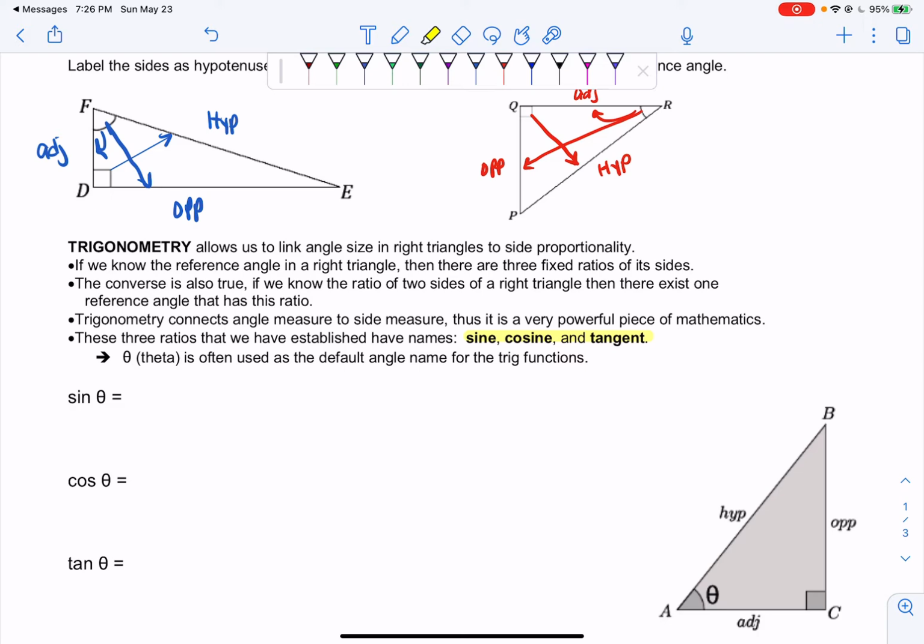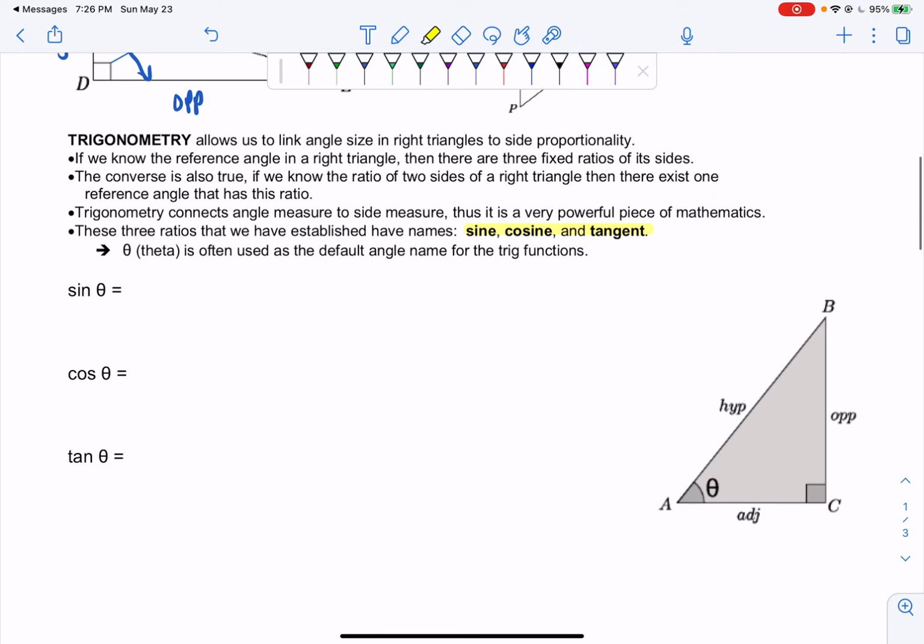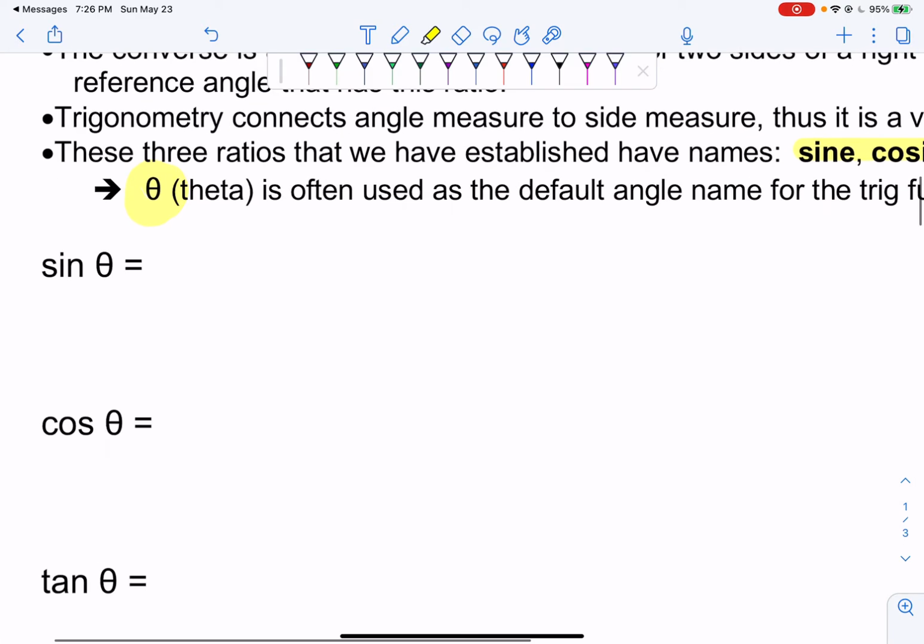Okay? So now we're actually going to go over what these functions are. And by the way, instead of using x, we're going to be using this Greek letter, theta, which is used as your default angle for trig functions. So sine of theta is always going to be opposite over hypotenuse.